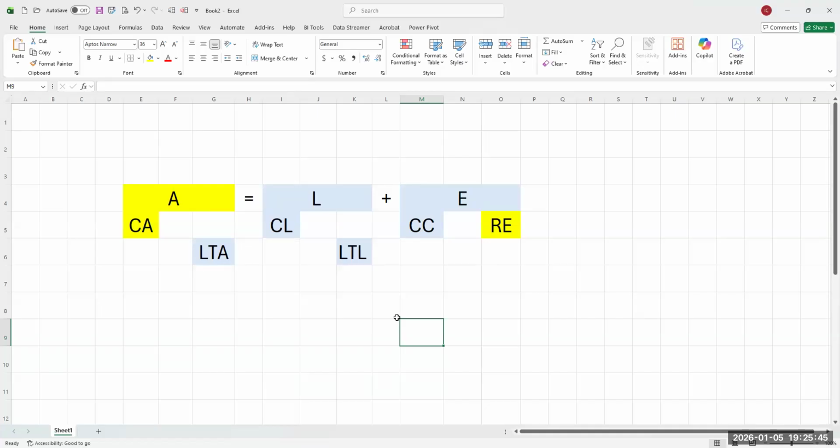Retained earnings, by the books, come from the income summary account. Why the income summary account? Because at the end of the period, you have to close all the sales and the expenses into the income summary account. You already remember that the income summary is a temporary account, so there should be no balance in that account at the end of the period. So at the end of the period, we transfer the sales and anything on the credit side of the temporary income accounts to the credit side of the income summary account.